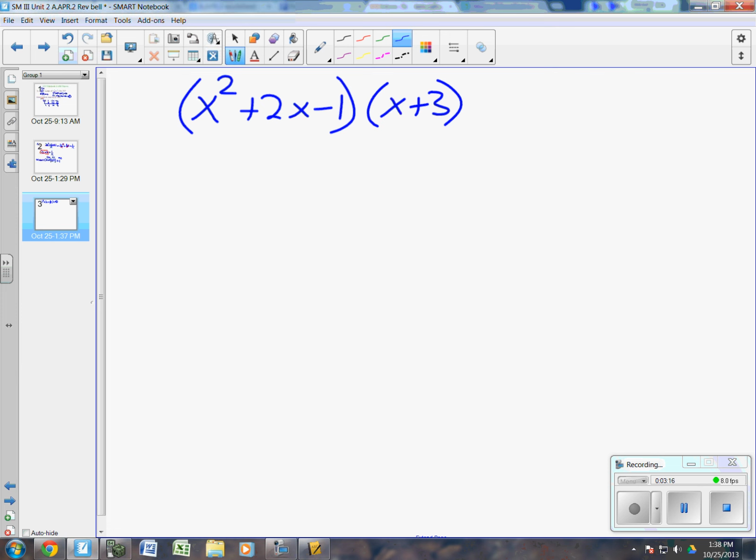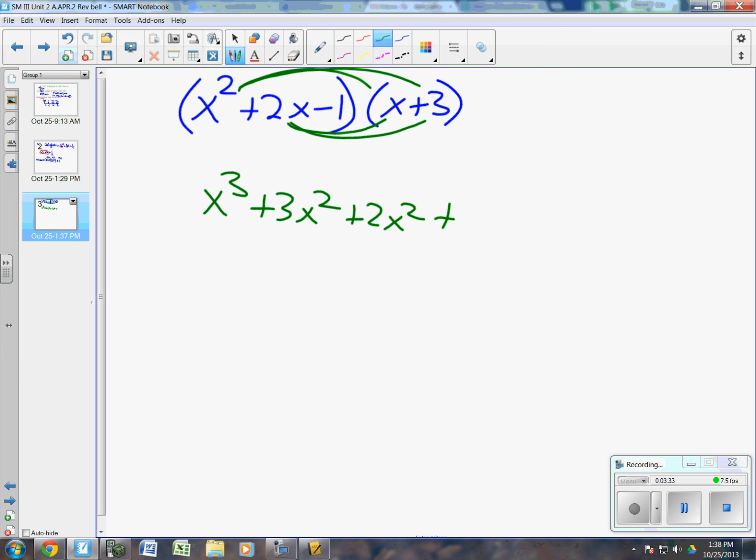Okay. x squared times x is x cubed. x squared times 3 is 3x squared. 2x times x is 2x squared. 2x times 3 is 6x. And then negative x minus 3, right? So I get x cubed plus 5x squared plus 5x minus 3. Okay, so number 8 asks us to multiply those two together.